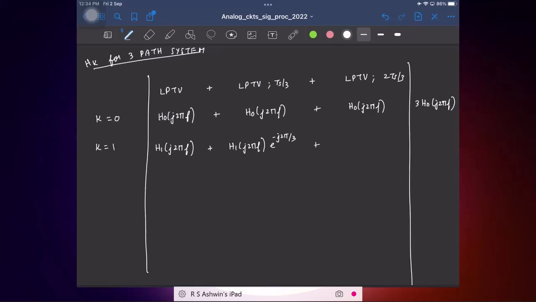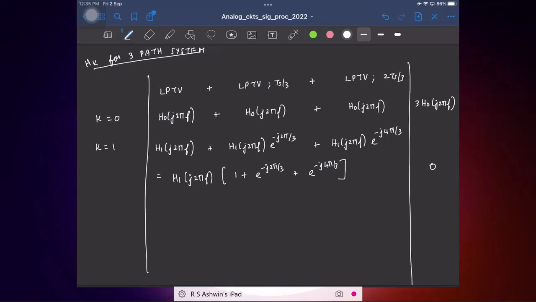So now what will be the case for the third system? h1 of j2 pi f e power 4 pi by 3. So now if you sum up all of these, we have 0, right? Because we have h1 of j2 pi f plus you are adding 3 equally spaced complex exponentials, so this will be 0.